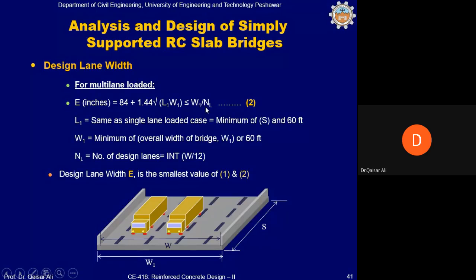This will always be rounded down, because if it is 2.8, a third lane cannot be accommodated on this bridge, so it is rounded down, not rounded up. These things will be clarified in the example. If you don't understand them at the moment, they will be further clarified when we start discussing a design example where they will be used.